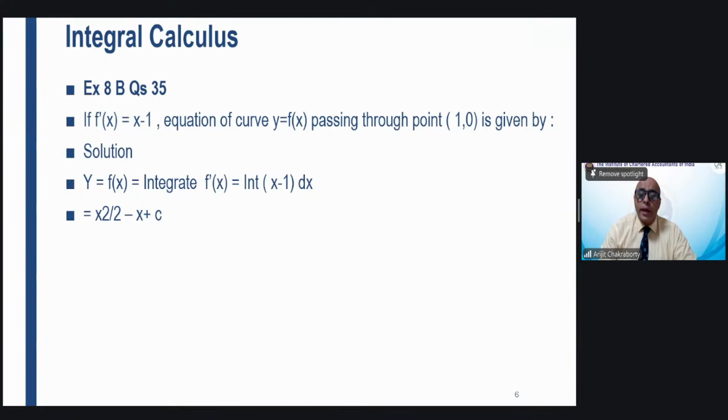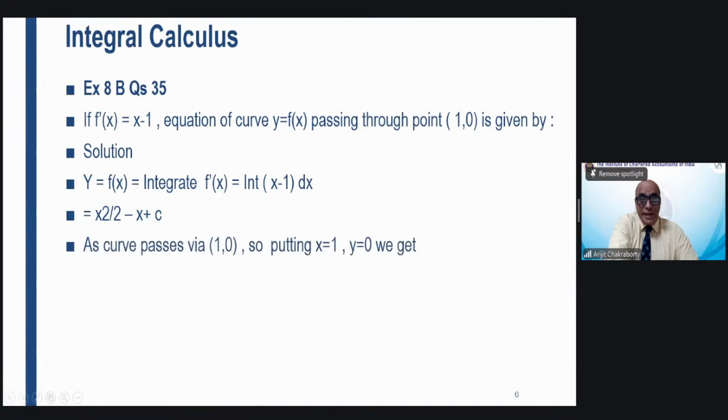So you get x to the power n plus 1 divided by n plus 1. So here we are getting x to the power 2 because 1 plus 1 is 2 divided by 2 because again 2 is 1 plus 1, minus dx. dx का इंटीग्रेट करने से आपको केवल x मिलेगा. So please see the curve equation now becomes y equal to x square by 2 minus x plus c. c क्या है? c is the constant of integration. c या k आप कुछ भी लिख सकते हैं.